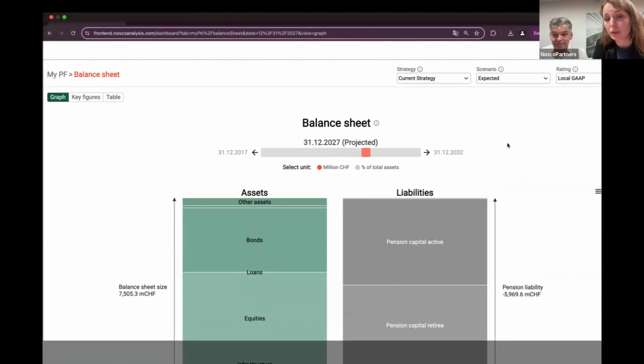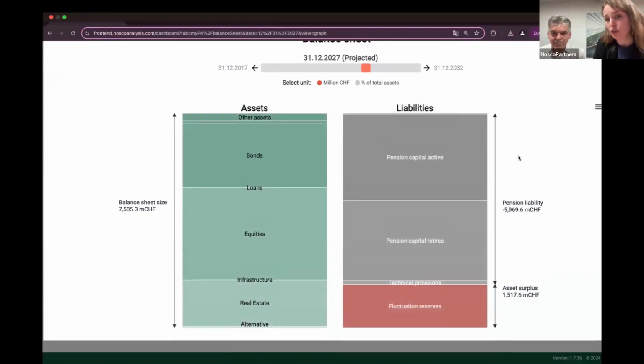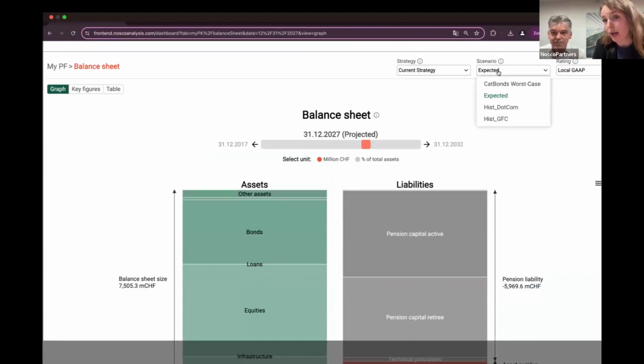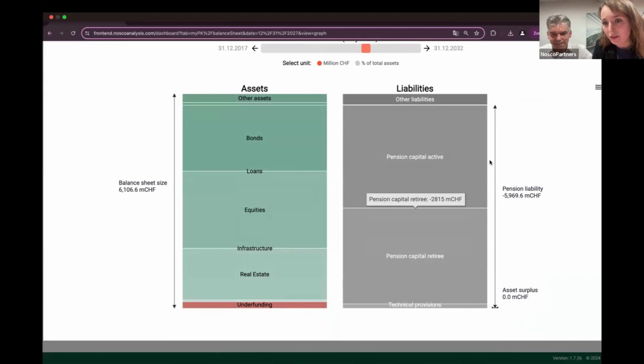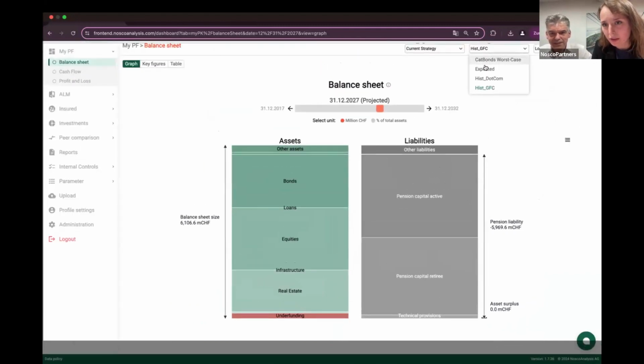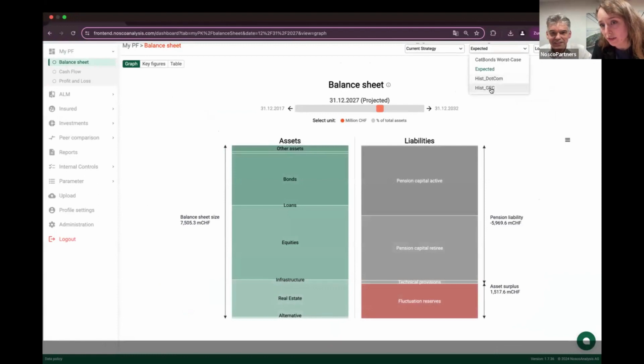But of course, this is not the only thing we need to consider in reality. We need, for example, to take a look at possible risk. So let's now project this balance sheet under the current strategy, but assume that tomorrow the global financial crisis would happen. And now, sorry if you cannot see it, let me do this again, but you can see there is a completely different situation.